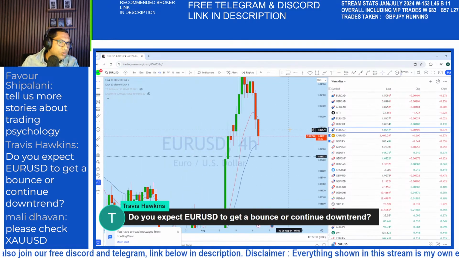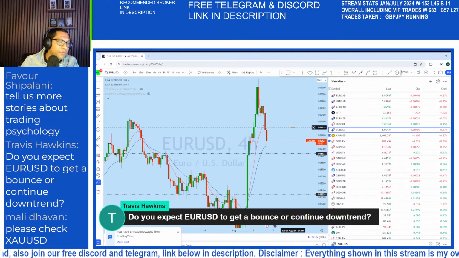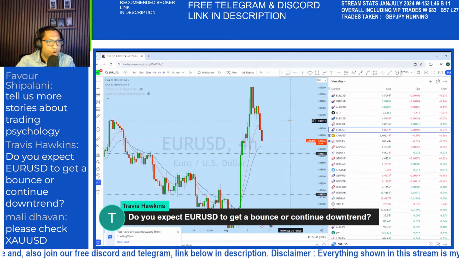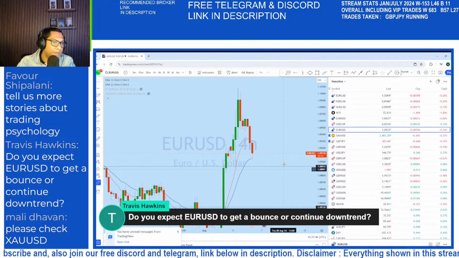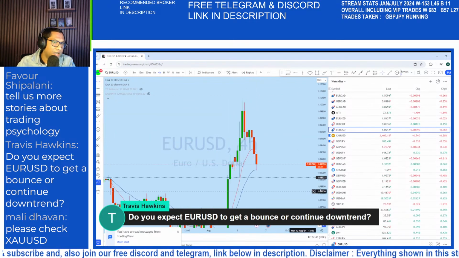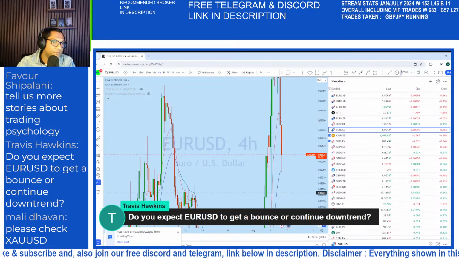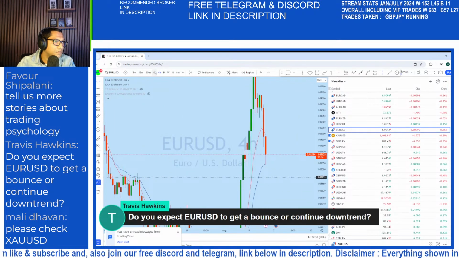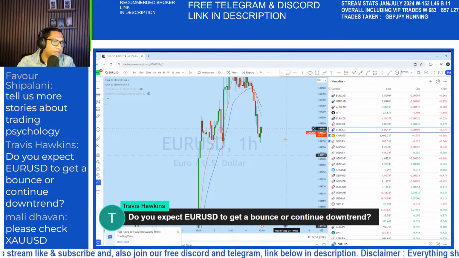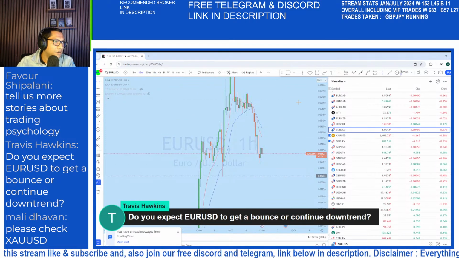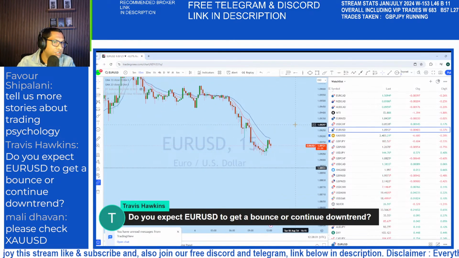So I think Euro dollar may continue to drop to that level. The potential bearish price action is higher on Euro dollar. So for me, the bearish price action has more probability than the bullish.